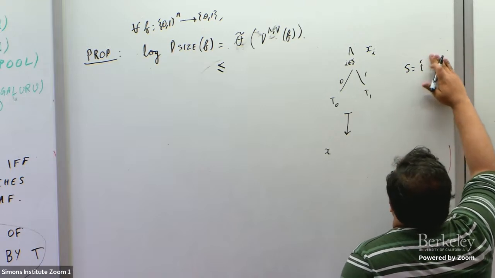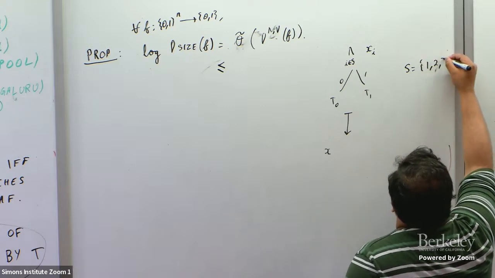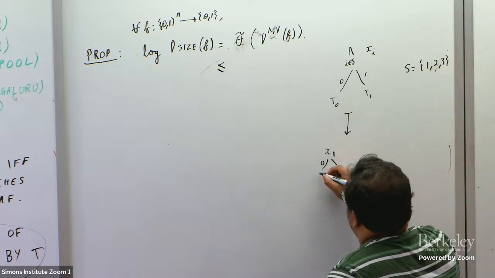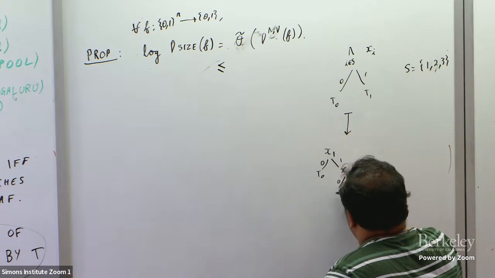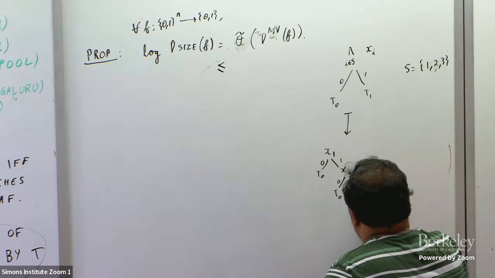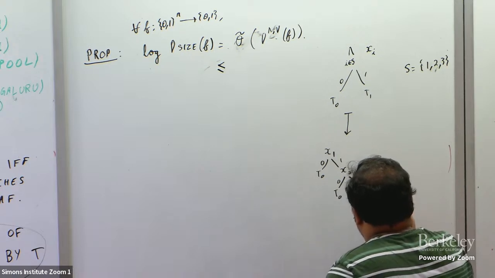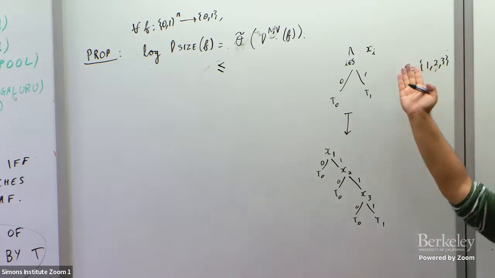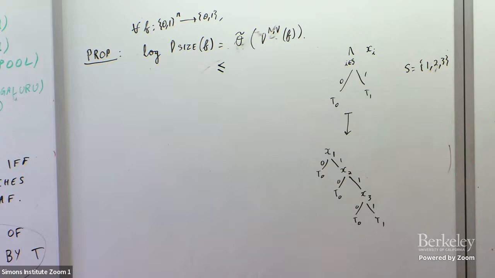Sorry, 1, 2, 3. So this is an expansion of a single node that had an AND query into one that has just variable queries.